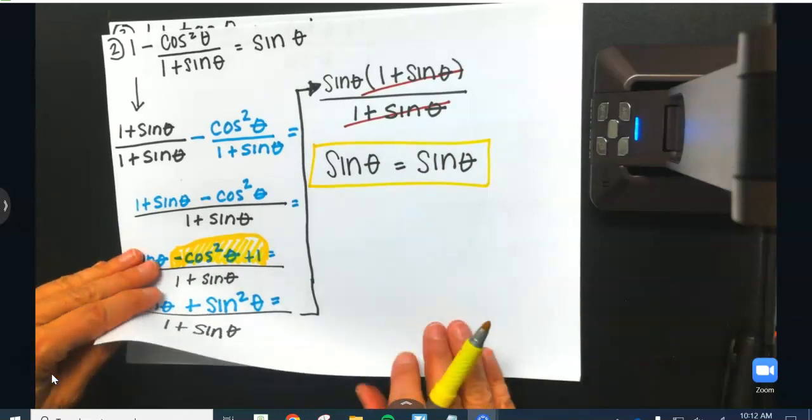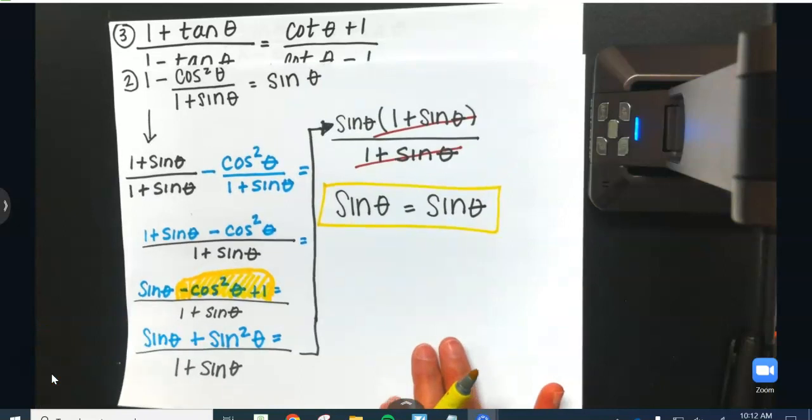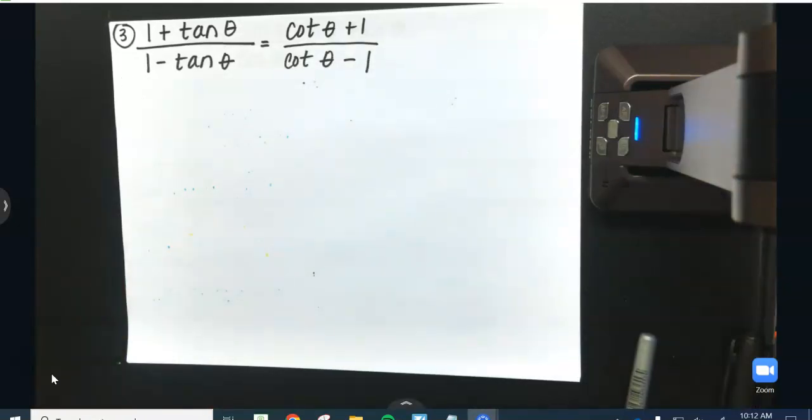Let's keep going. So I'm going to do number 3 with you, and then I'm going to ask you to do one on your own. So here we go with number 3. As I'm looking at this, it's really hard to determine which one's more complicated because they're almost exactly the same. It's just a single fraction on both sides.